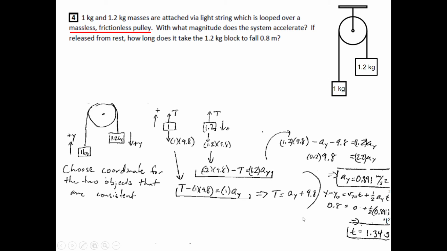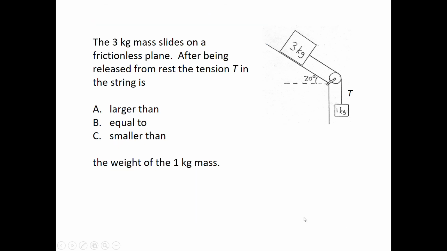All right, let's go on now to a voting question. This one always generates a lot of controversy or discussion, so think about it carefully before you listen to my answer. We've got two blocks. In this case, one block is sliding on a frictionless inclined plane, and it's connected via a piece of light string to another block down here.